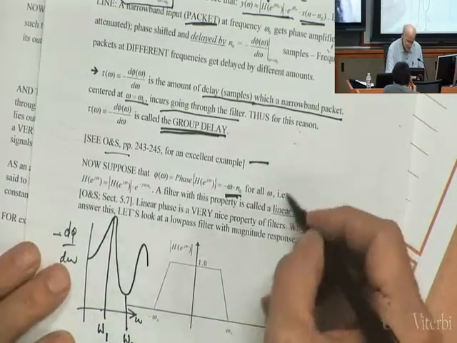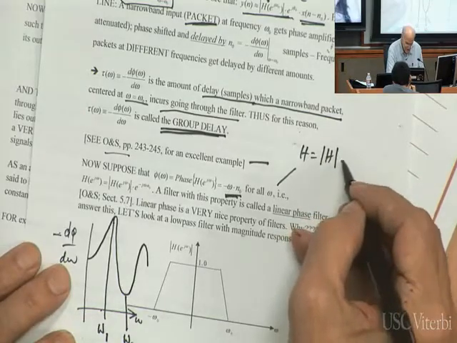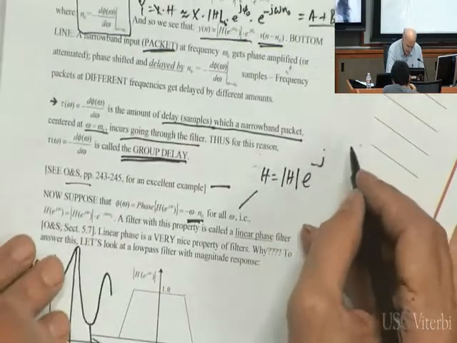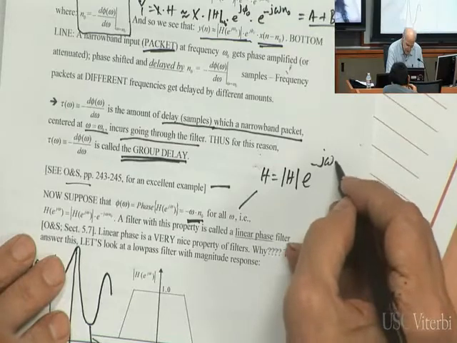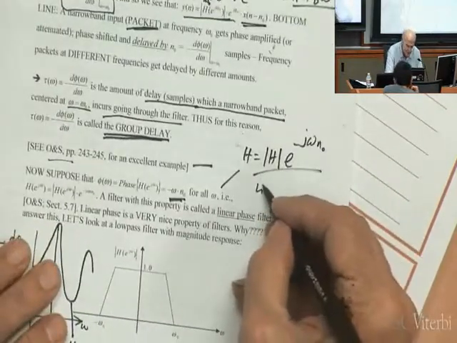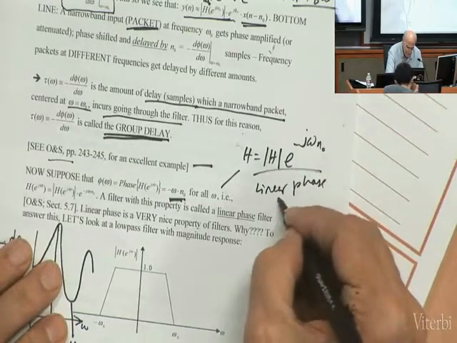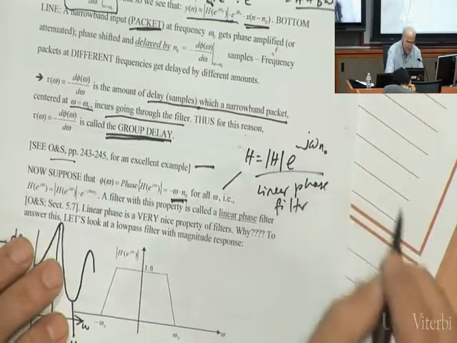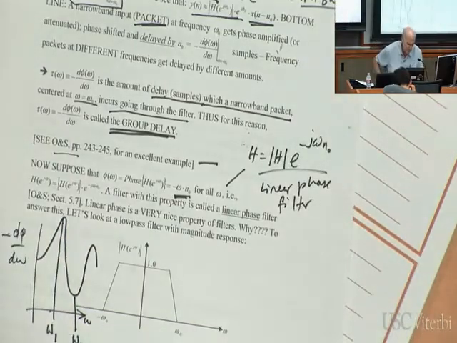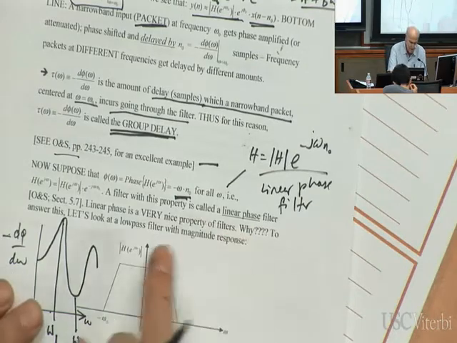I.e., for this case, H is equal to the magnitude of H times e to the minus j omega n naught. Suppose that. This is an example of something called a linear phase filter. And linear phase filters are very, very important.